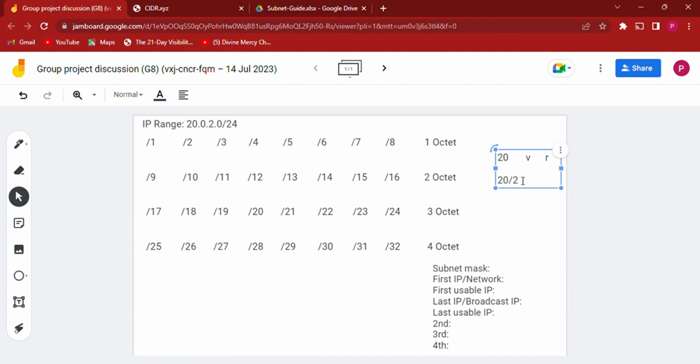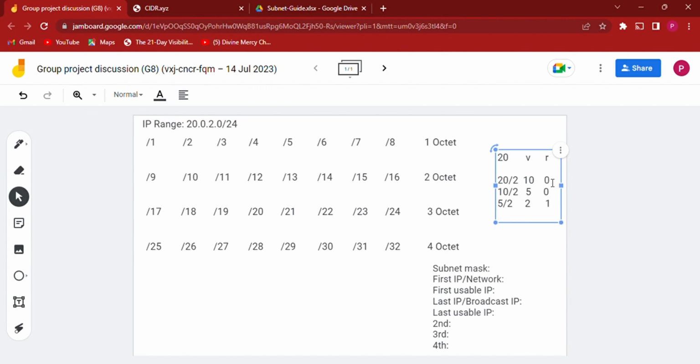So 20 divided by 2 is 10, remainder 0. 10 divided by 2 is 5, remainder 0. 5 divided by 2 is 2, remainder 1, because 2 times 2 is 4 and it will be left with 1.